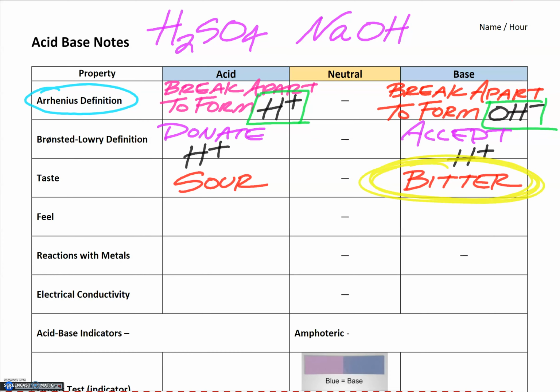Bitter foods are not necessarily things that people like, so you don't see a lot of bitter foods, but that bitter flavor is due to a basic component in the food, or the bar of soap, as you will.